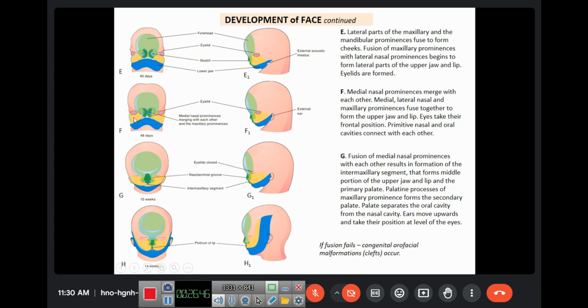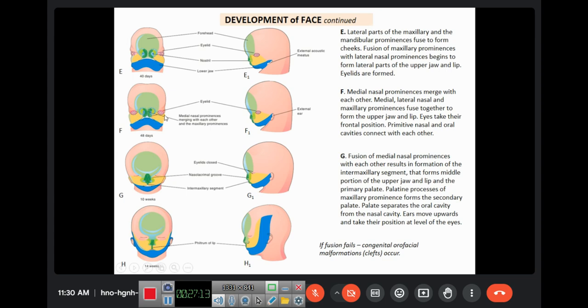So, the lower jaw and lip forms as a result of the fusion of the left and right mandibular processes together. The upper jaw and lip form as the result of fusion of two maxillary processes, two lateral nasal processes, and two medial nasal processes together.